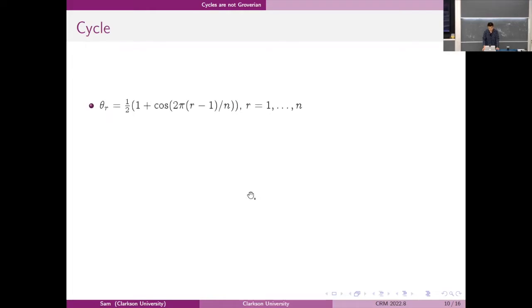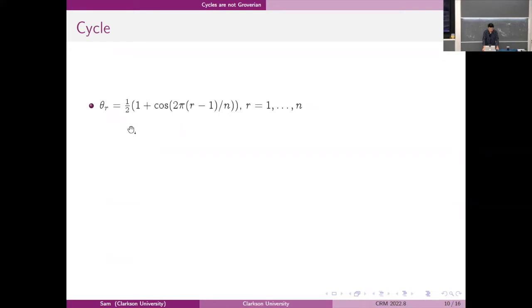It actually turns out for the cycle, no matter how big the self loop weight you put, or no matter how big gamma is, you will never find the target state or target vertex. So for the cycle, we got to calculate the normalized eigenvalues. So these are the eigenvalues.